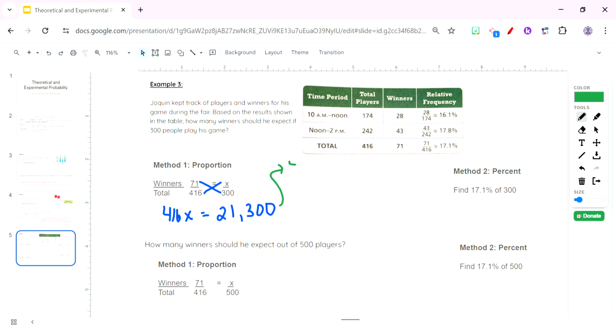So 416x equals 21,300. Okay, you would divide each side by 416. Then you get x is equal to 21,300 divided by 416. You get about 51.2. So I'm going to say about 51 winners.